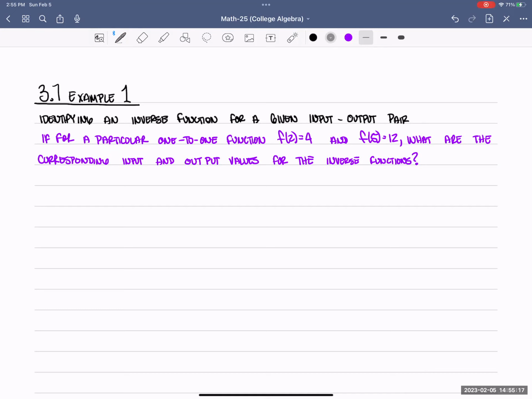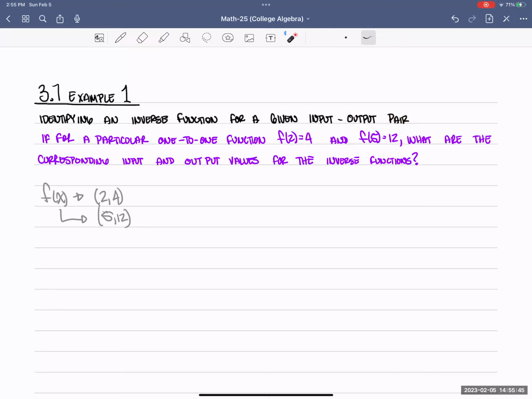Our function f of x spits out two different values. It spits out the coordinate 2 comma 4, so for the input 2 we get 4. It also spits out 5 comma 12, so when we input 5, our output is 12.